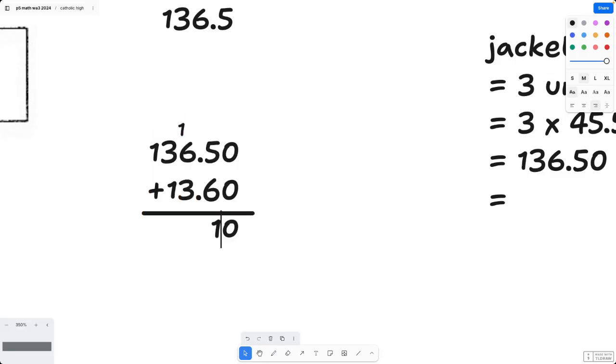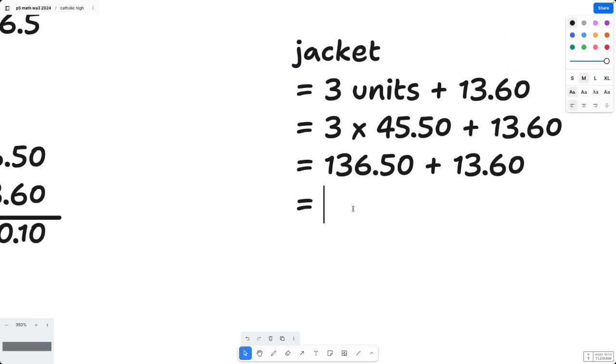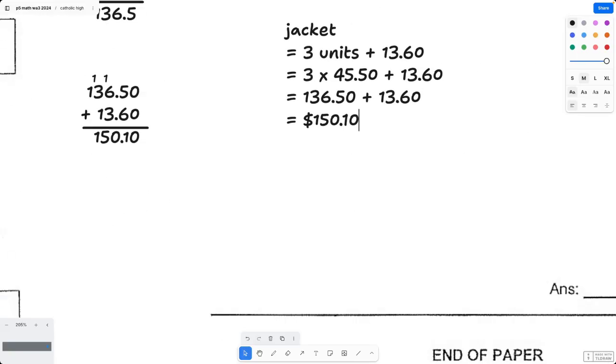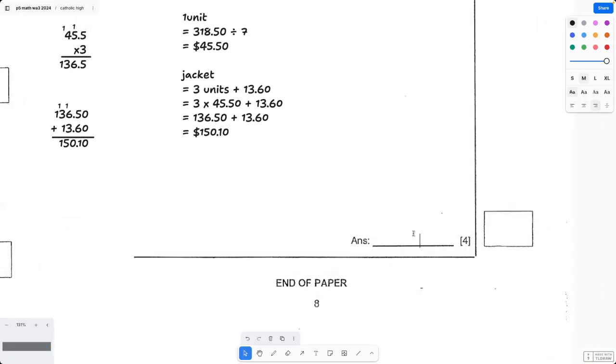So this is 1 dot. 6 plus 3 is 9 plus 1. This will be 10. So we put a 0. And then we're going to put another 1 here. 3 plus 1 is equal to 5. And then 1 plus 0 is just 1. So the final answer to the jacket is $150.10. And that's it. So the answer to this question is $150.10.